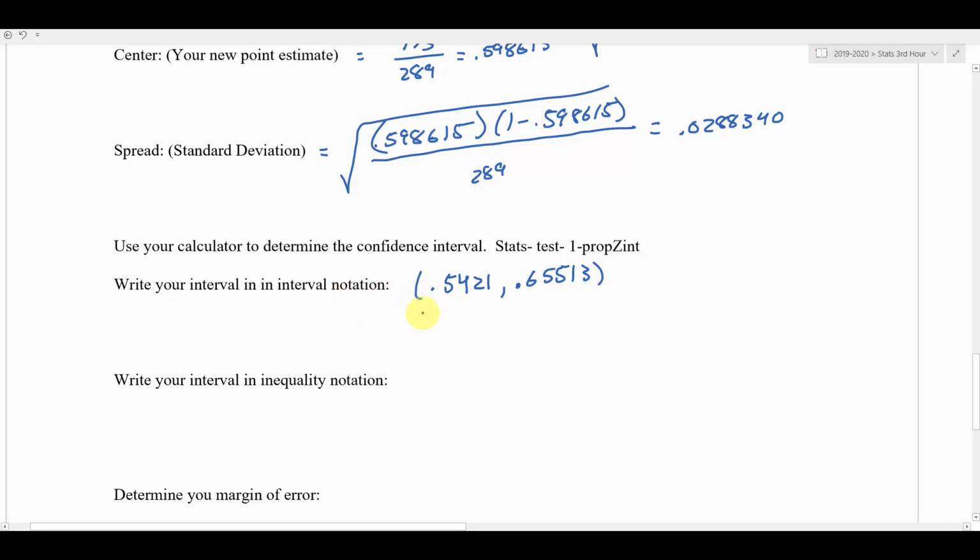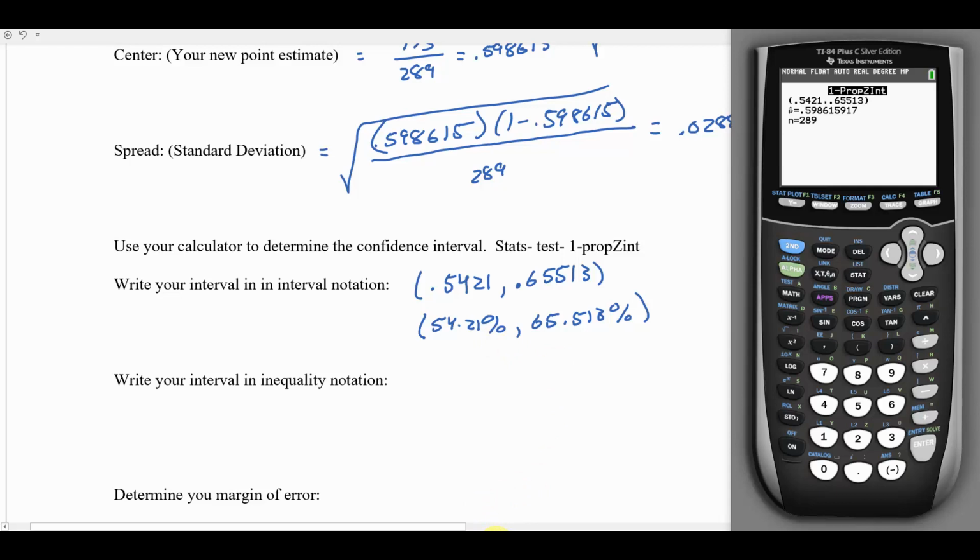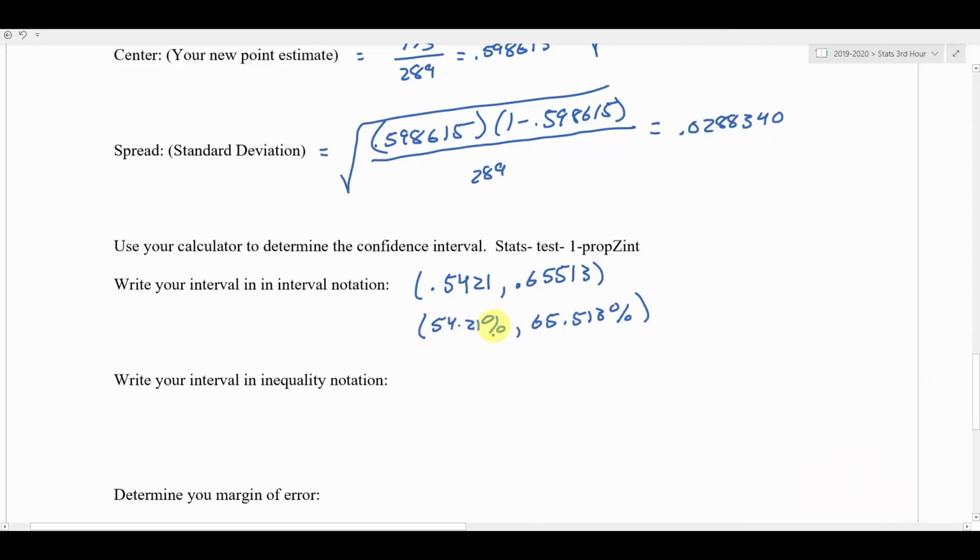So you could say 54.21% and 65.513%. I've never figured out why they carry more decimal places in one versus the other. Kind of weird that Texas Instruments does that, but that's what they do. But either way, there's our new confidence interval with 95% confidence.